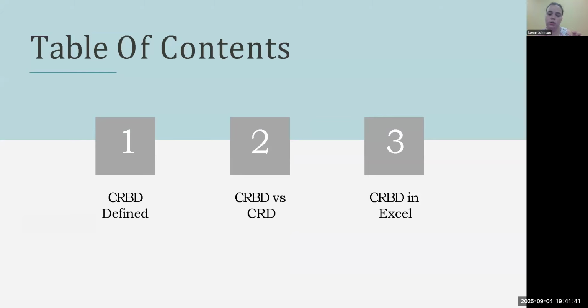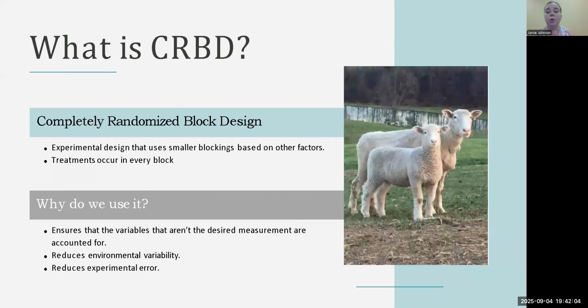And then we'll talk about how to run completely randomized block design in Excel. We also haven't done Excel lessons in this class or on my YouTube, or really any science experiment setup lessons. So I'll have to come in and fill in the gaps there, but I will at some point eventually, is the hope.